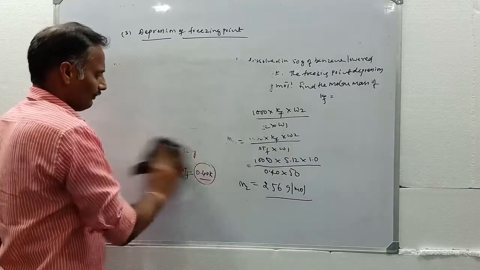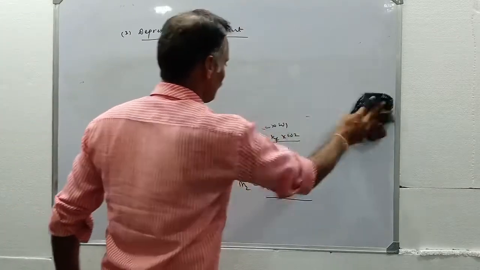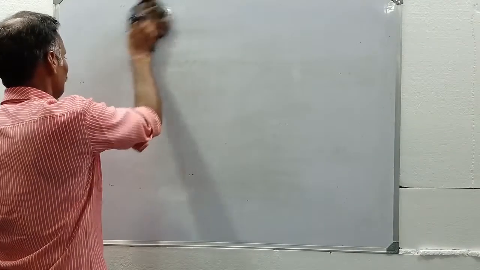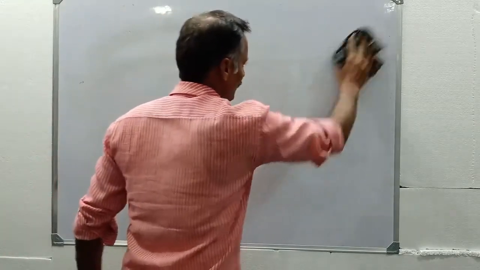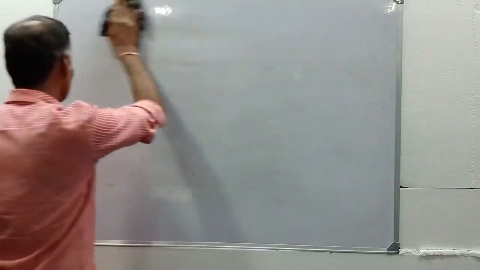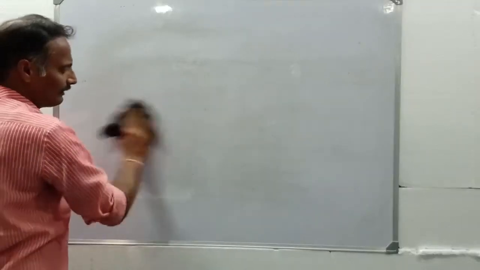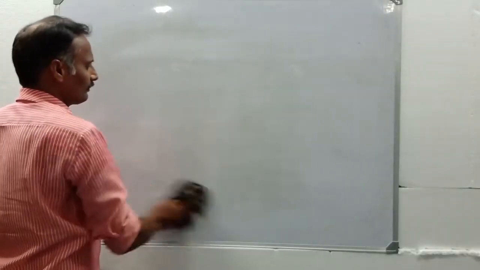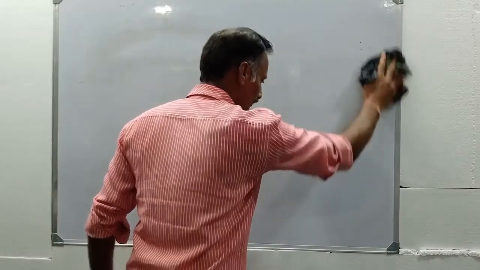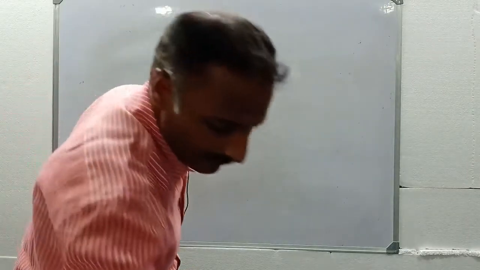After this, we will go for one more colligative property. That colligative property is osmotic pressure. What are colligative properties? Properties of dilute solutions that depend upon the number of solute particles irrespective of their nature are called colligative properties.